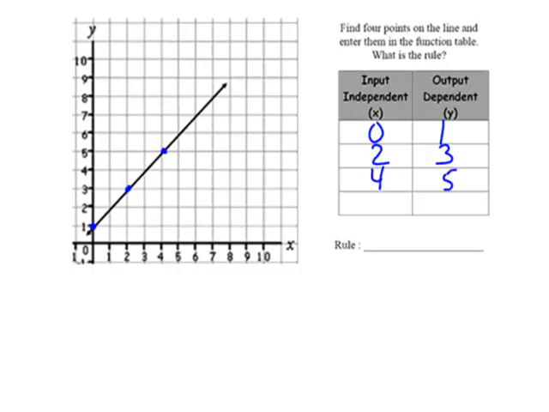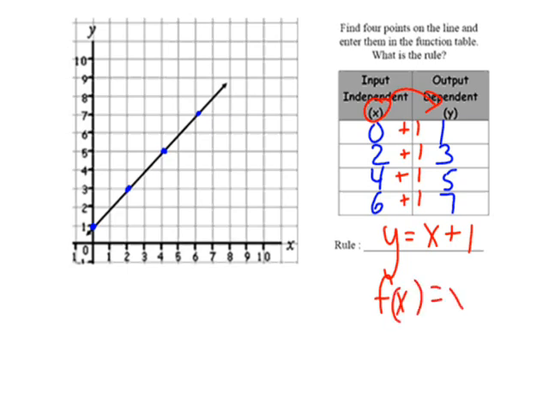And I'm going to pull one more point, 6, 7. So, what's happening to the x? How is it changing? Well, it looks like it's increasing by 1 on every single one. And that would be our rule, or our function, y equals x plus 1. Or remember, you could write it like this as well.